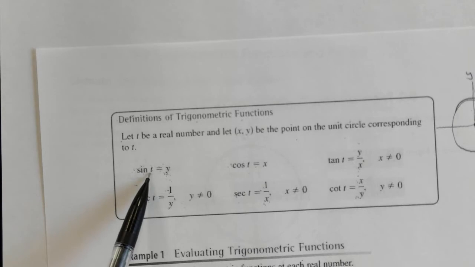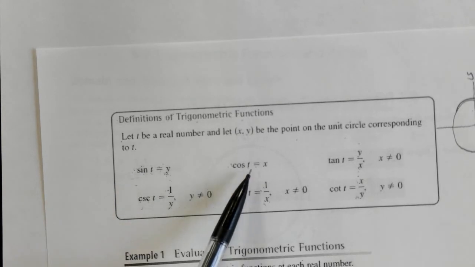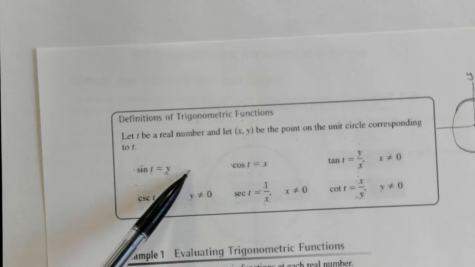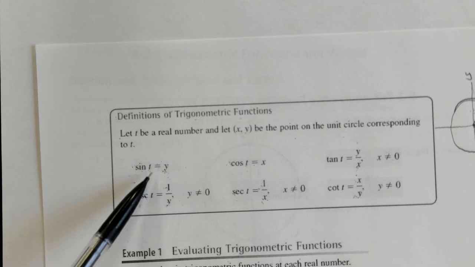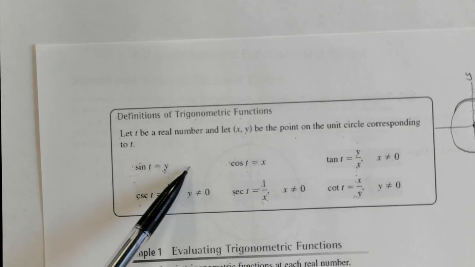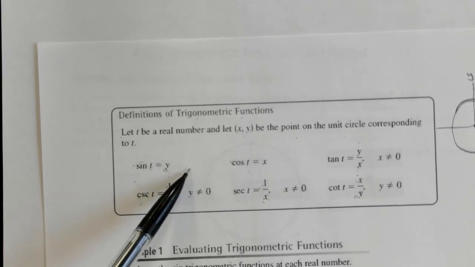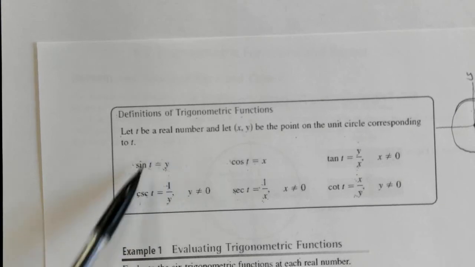Because when you're looking at sine and cosine, as far as values for t that you can put in for the input, remember, it can be positive numbers, it can be negative numbers, it can go all the way around, and that t would be 2 pi. But if you go around again, it's 4 pi. If you go around again, it's 6 pi, 8 pi, and so on.